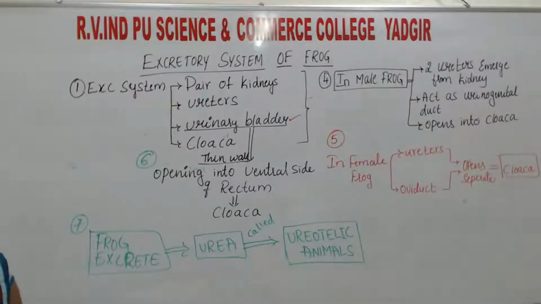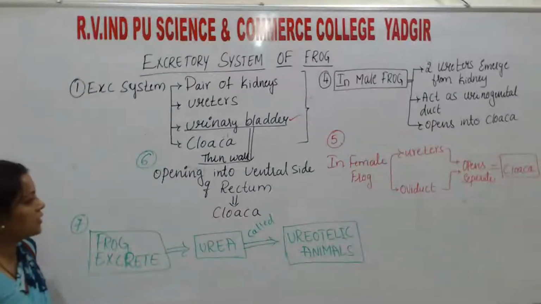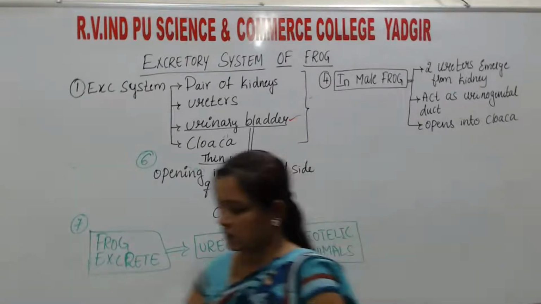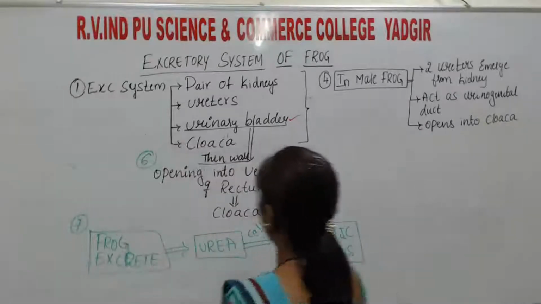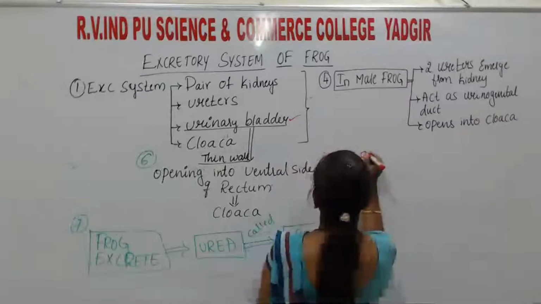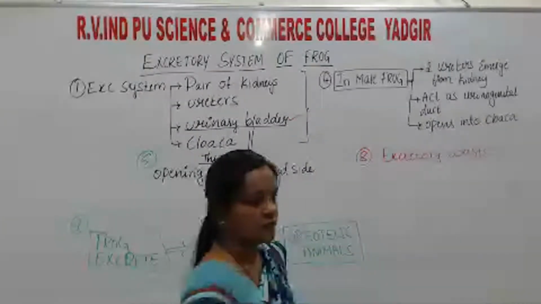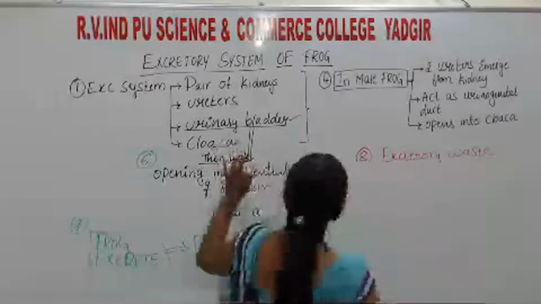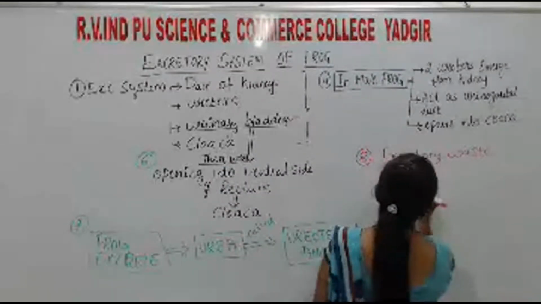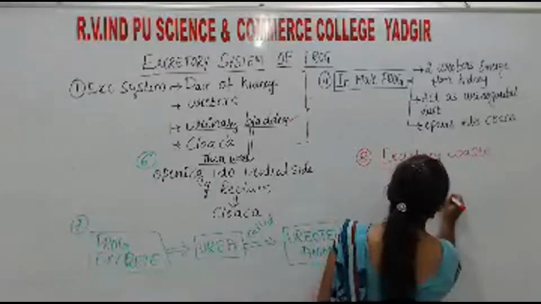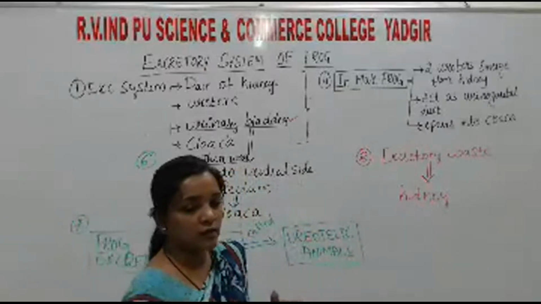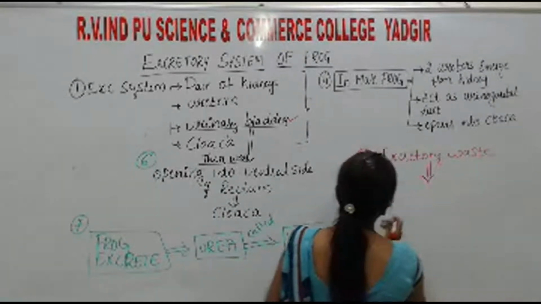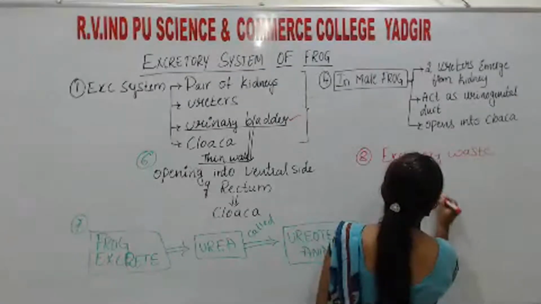Next, the excretory waste. The last point is how the excretory waste is purified. First, the excretory waste is collected from the different body parts and blood.